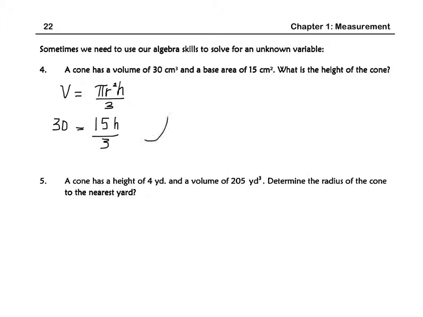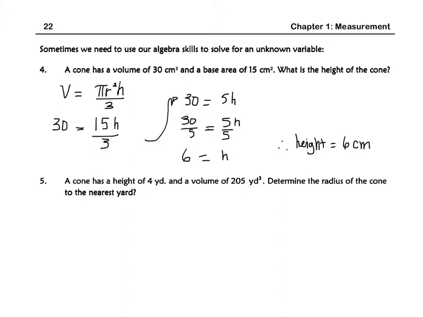And then that gives us 30 equals 5h. So 30 divided by 5 equals 5h divided by 5, which gives you 6. So therefore the height of the cone is 6 centimeters.